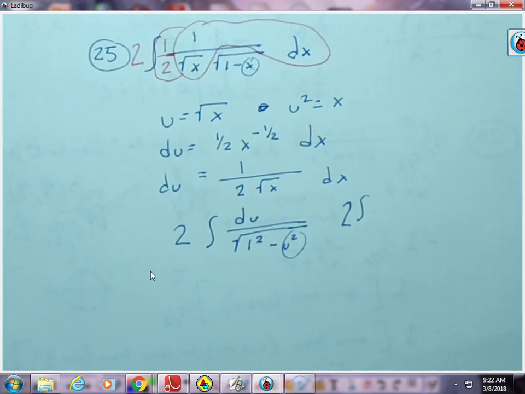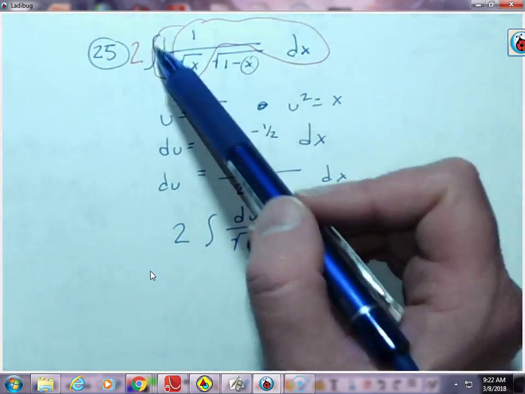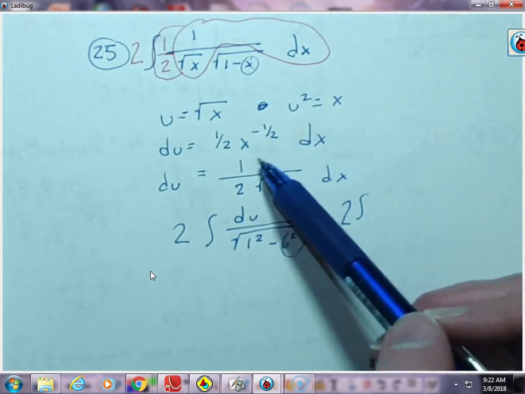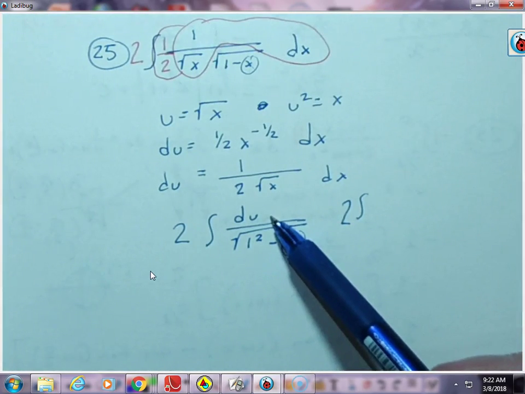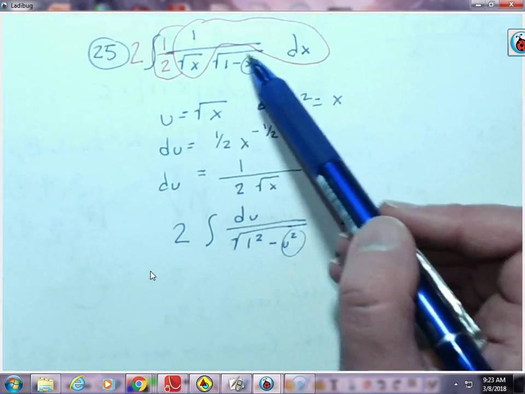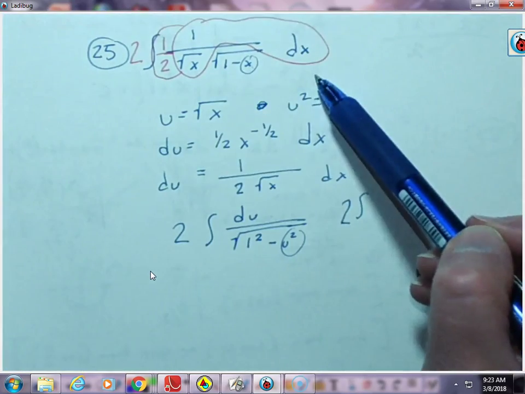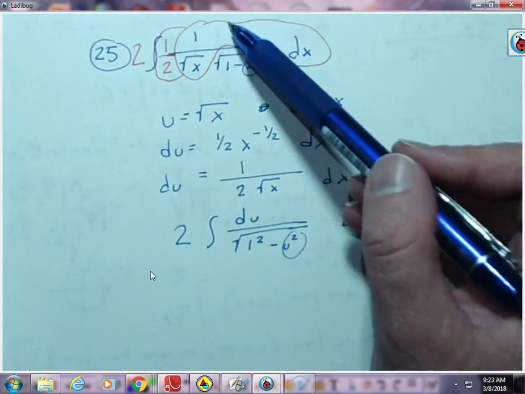So all of this that I have circled in red, including the 1/2, is du. So instead of all that, I put du. I didn't take it out. This is equivalent to du. It's the same thing. So I put du instead of all that stuff.